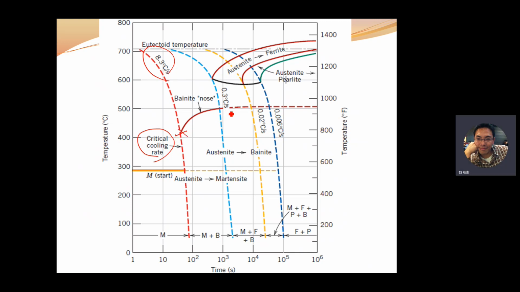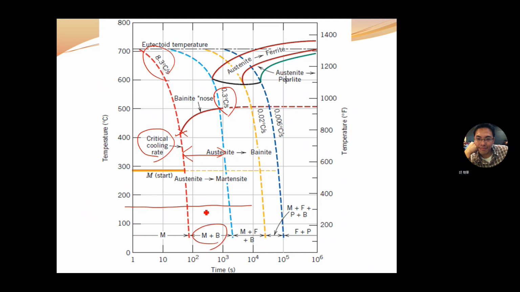And if the cooling rate is 0.3, within this region, if I drop to a certain temperature, the structure is martensite with ferrite and bainite.